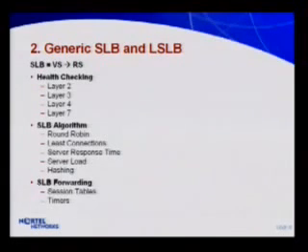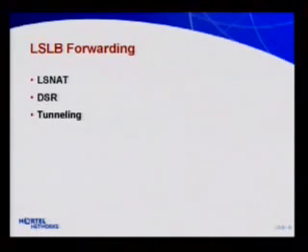And then you forward the actual data to the real server somehow. The available LSLB techniques in the LSLB case are ones I believe a lot of people here know. It's LSNAT, described in RFC 2391, where you basically translate the destination IP address of VS to a destination IP address of RS.